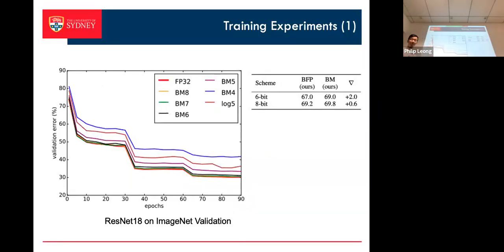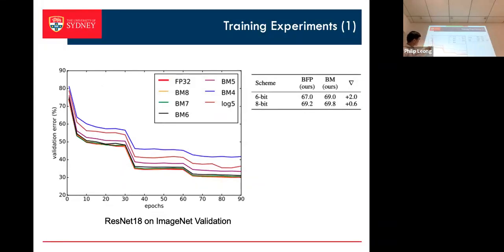So here are a bunch of training experiments that we did. This is the validation error versus the number of epochs for ResNet 18 using ImageNet. And the 32-bit floating point result is this red one down the bottom here.